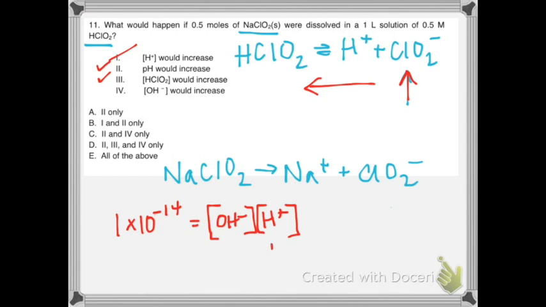So if we decrease H plus, like we discussed, we would have to increase OH minus. So basically, if you're less acidic, you're going to become more basic, is all we're saying. And so 4 would be true too, making the correct answer here D.